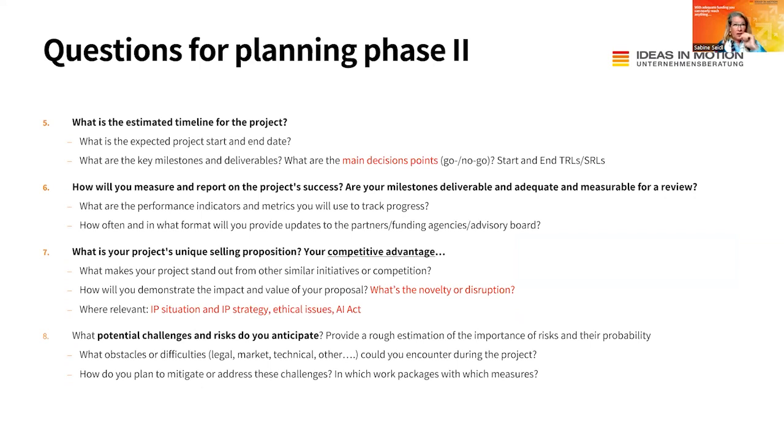Then I will try to keep the attention on the timeline of the project, that it is realistic, and that you foresee decision points, go and no-go decisions, where the project can fail, or other decisions, go left, go right.